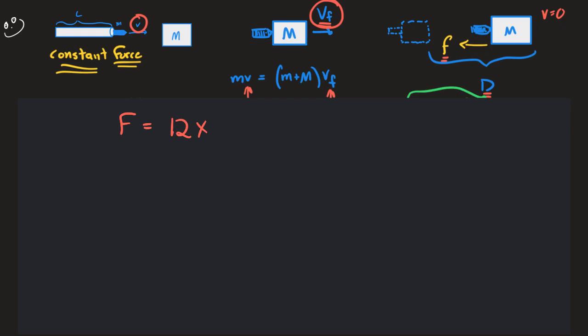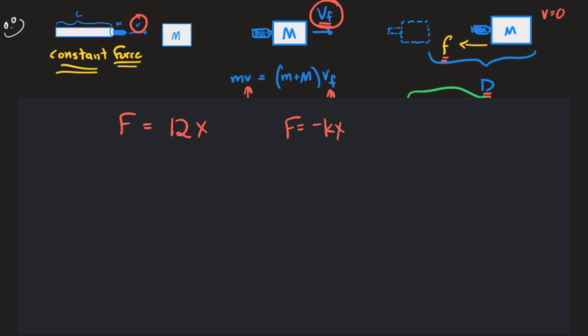Can anybody tell me any other force that you know about that's a function of position? Go ahead, Jason. Yep, that's it. Springs. Hooke's law.